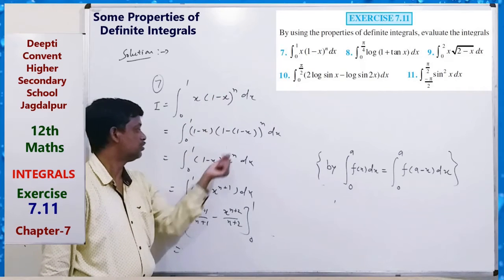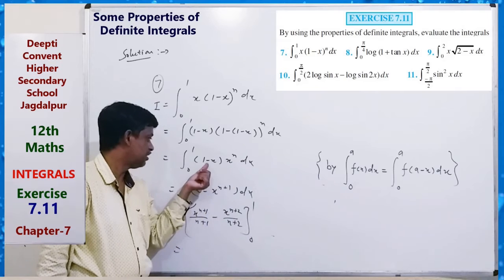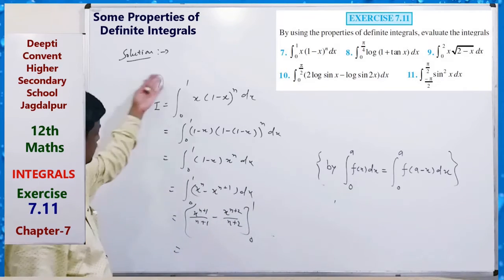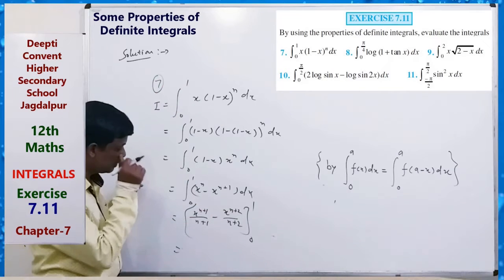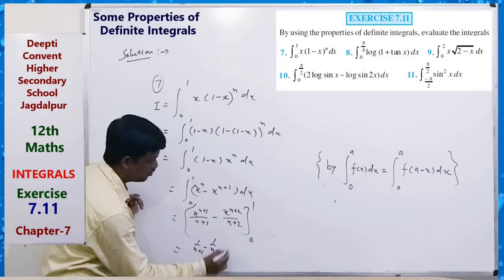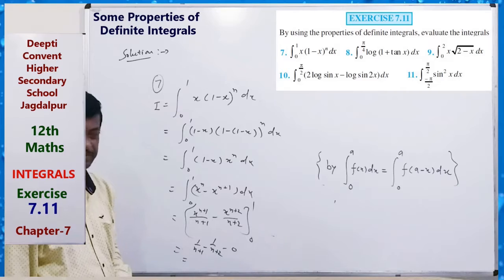It is converted to a single quantity, so it can be multiplied to this, and we can get a simple formula. Okay, so by using this, we get 1 by n plus 1 minus 1 by n plus 2, and both lower limit terms are 0. This is the answer. You can simplify it.